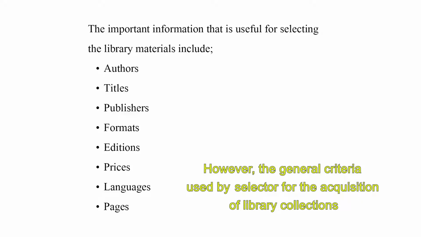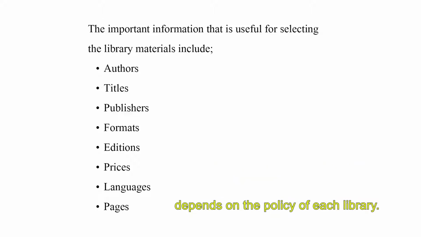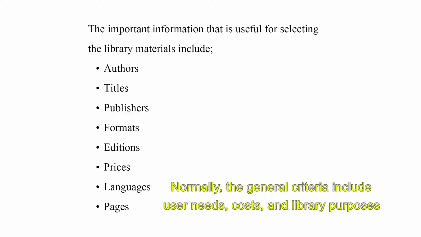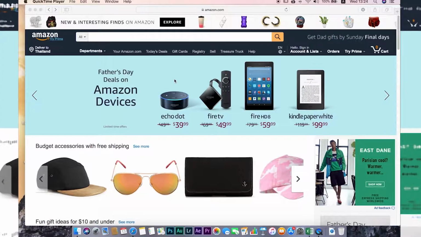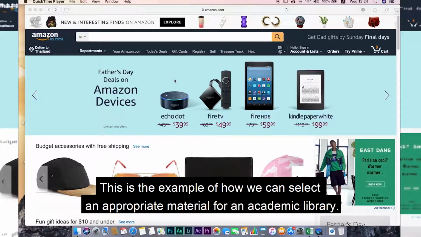However, the general criteria used by selectors for the acquisition of libraries' collections depends on the policy of each library. Normally, the general criteria include user needs, costs, and libraries' purposes, such as curriculum support or core materials on subject studies. This is an example of how we can select an appropriate material for an academic library.